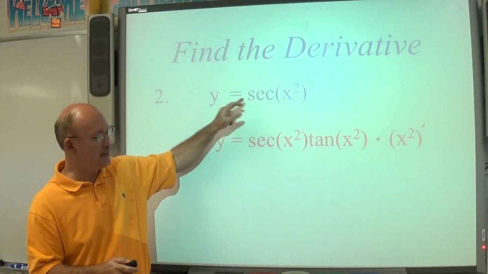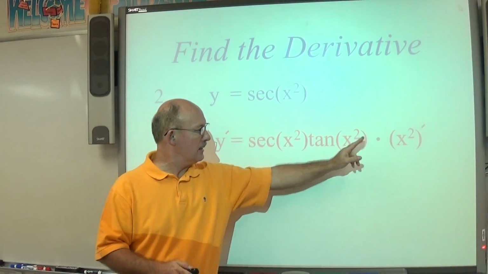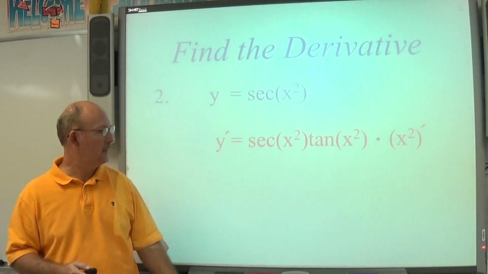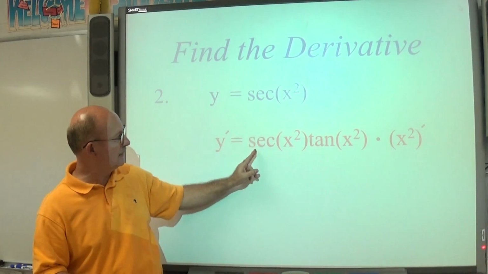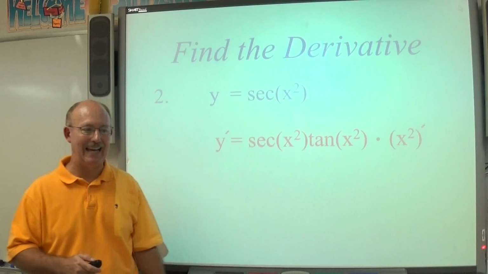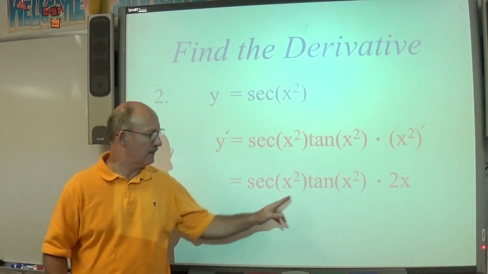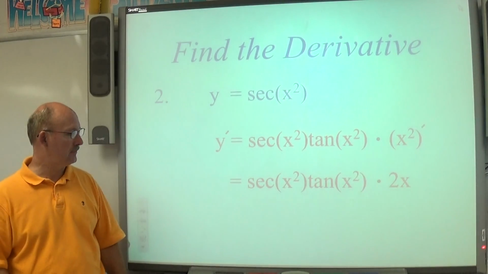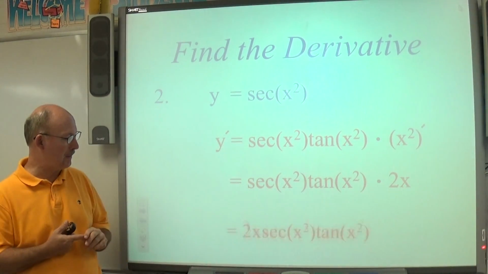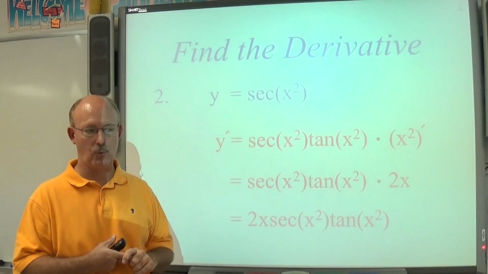Remember, take the derivative of the outside, bring the x squared down, times the derivative of x squared. Now the derivative of x squared is 2x, so we're going to write our derivative like so. Now you can bring the 2x out front, it doesn't really matter. So it'll be 2x times secant x squared times tangent x squared.